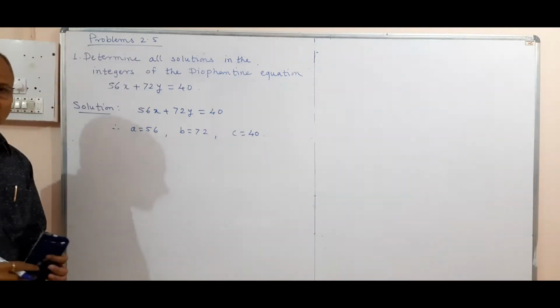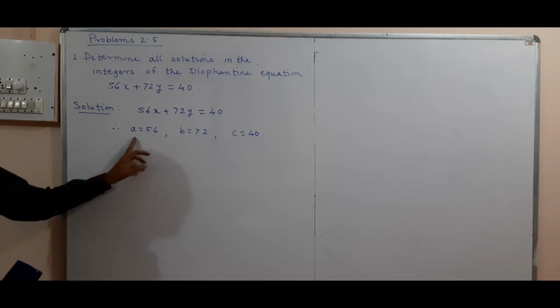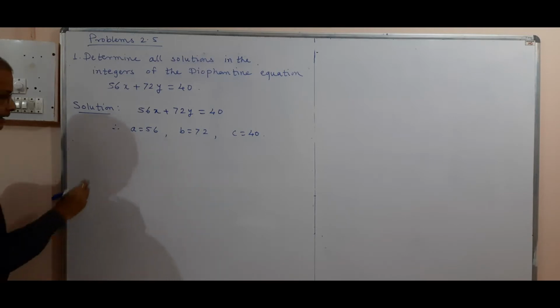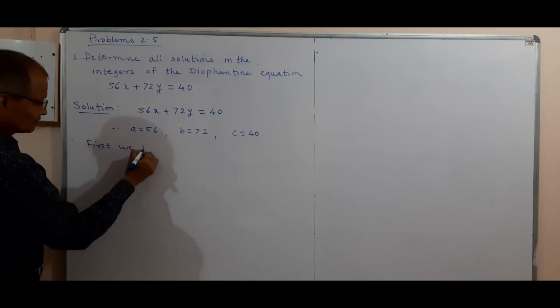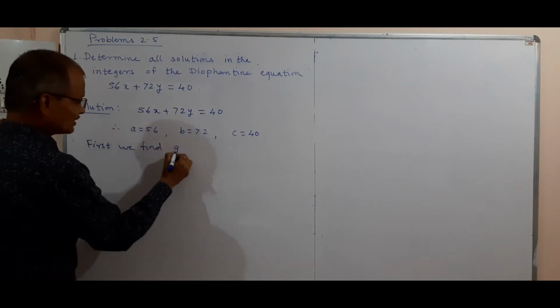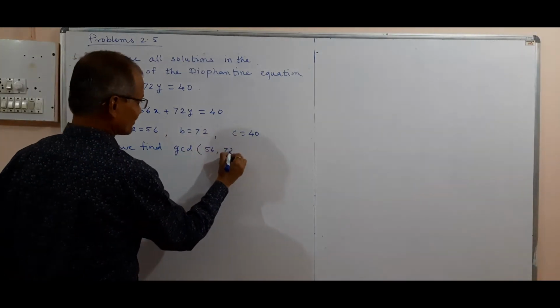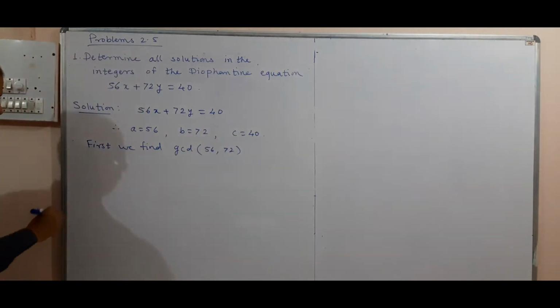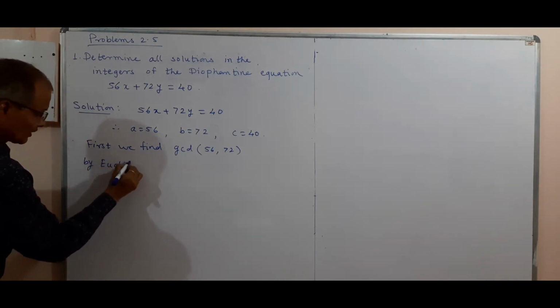Now first we have to find out whether the solution exists or not, and for that purpose we have to find the GCD of a and b. So first we shall find the GCD of 56 and 72 using the Euclidean algorithm.